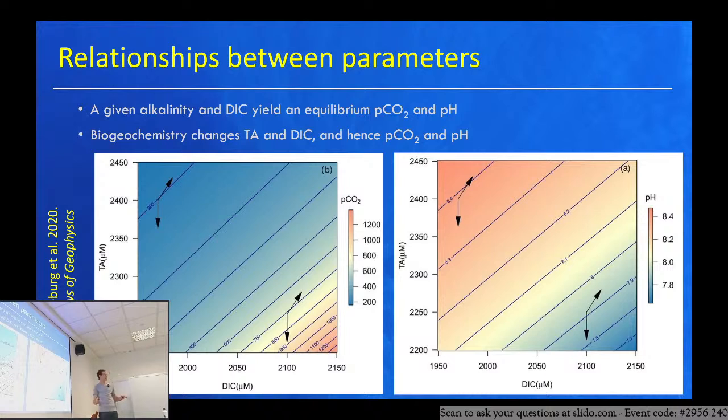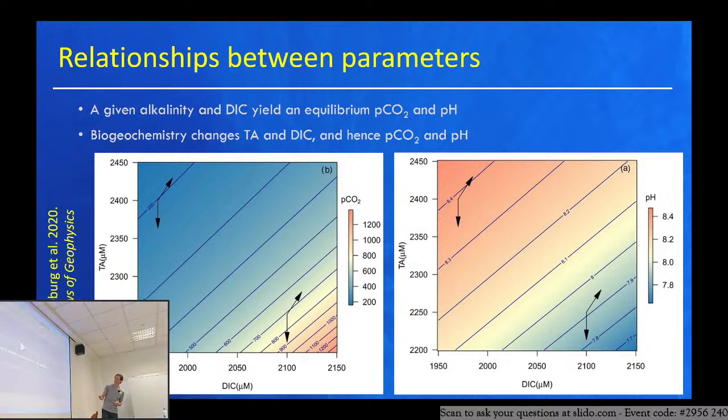If we have photosynthesis and respiration, we're primarily changing the CO2 content, although the alkalinity will vary a little bit. And if we simply exchange CO2 with the atmosphere, we're just changing the DIC and not affecting the alkalinity. So these arrows show this vector here, which is our calcium carbonate dissolution and formation.